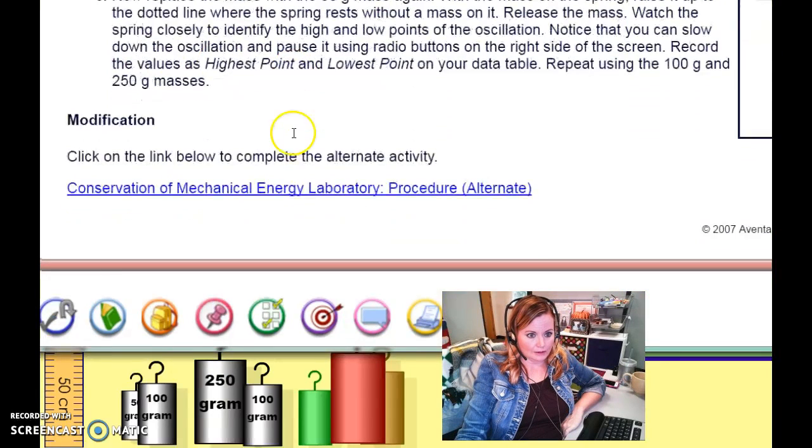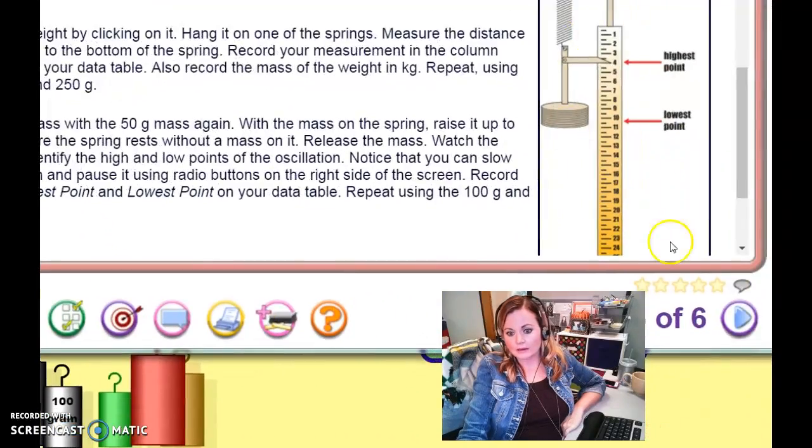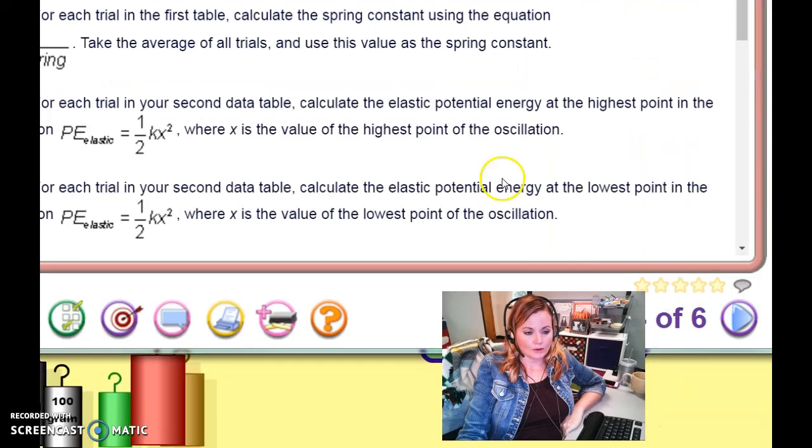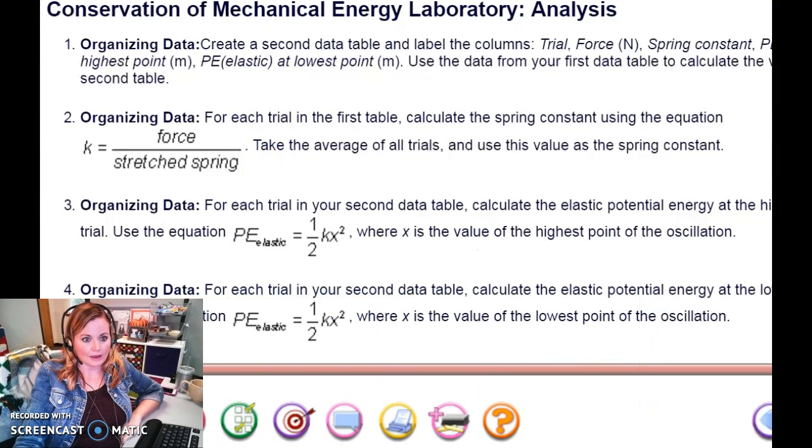Then let's move on to the next slide. Now you're going to be doing some calculations. You have to calculate the spring constant. Using the equation for spring constant, you take the force and divide it by the stretched spring.